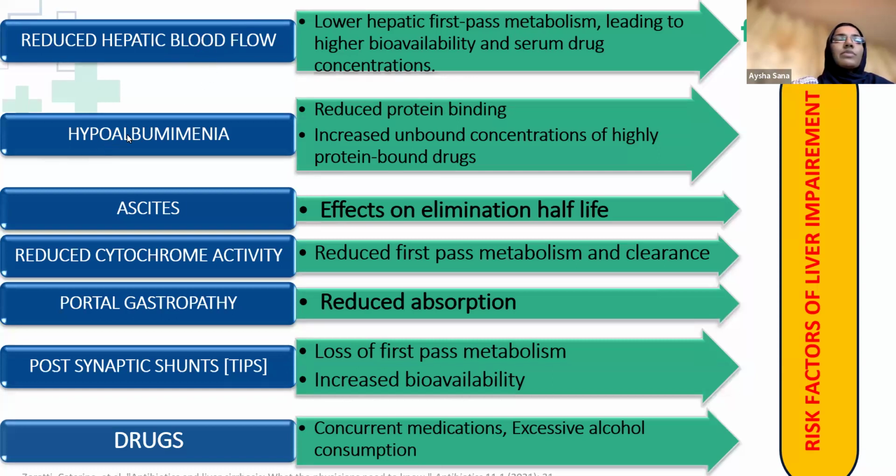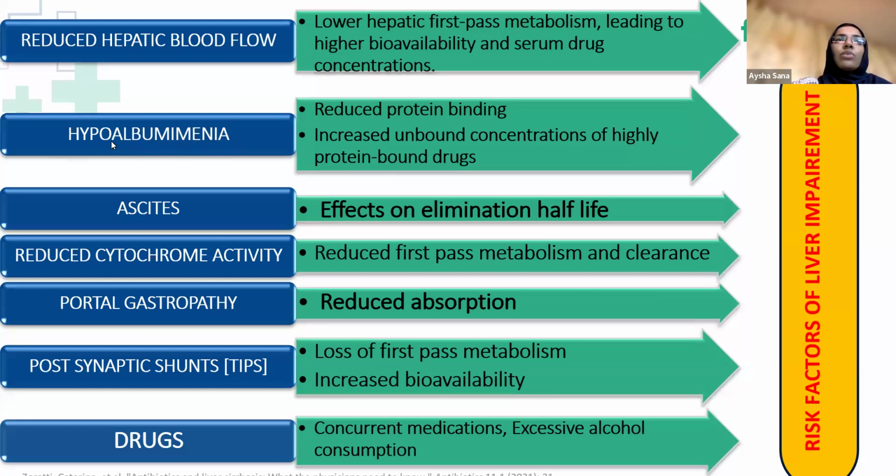Then comes the concept of hypoalbuminemia. Hypoalbuminemia means patients whose serum albumin level is below normal. Those patients can be cirrhotic patients, hepatic carcinoma patients, patients in critical care, or geriatric patients.